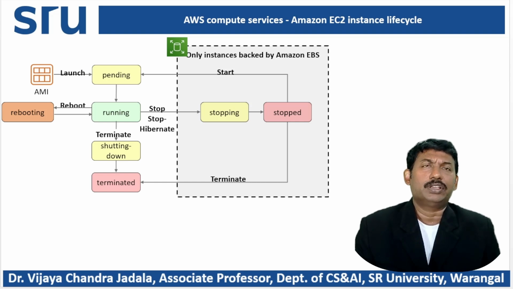So here the process is shutting down. At this stage, it is an intermediary state between running and termination. When the instance goes from running to termination, this state occurs; it is an intermediary state between running and terminated.